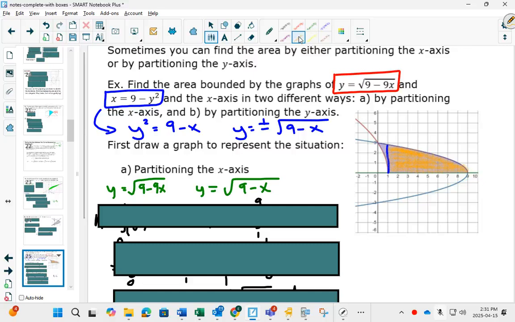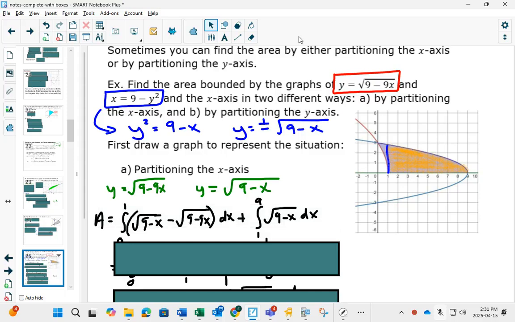And this little section between 0 and 1 would be the area of the top curve minus the bottom curve. So I have to think about that and say, oh, I have to do 0 to 1 differently than I do the 1 to 9. 1 to 9 will just be the integral of the 9 minus x, and the 0 to 1 I would have to subtract.